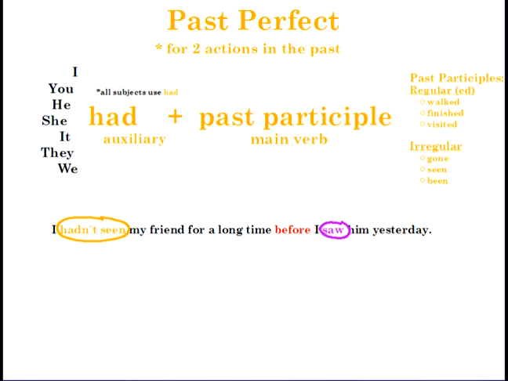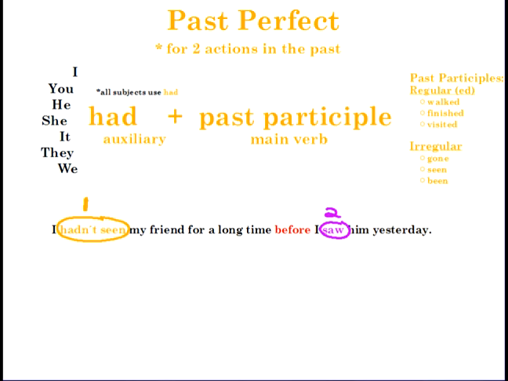Now, again, this is the first thing that happens, or in this context, the first thing that didn't happen. So, this is the second action. So remember, my simple past is the second thing that happens, and the past perfect is the first thing that happens.